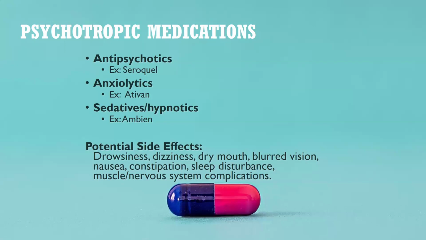That could be drowsiness, dizziness, dry mouth, blurred vision, nausea, constipation, sleep disturbances like sleepwalking, and nervous system complications. So if you're seeing any unexplained or involuntary movements that are new or worsening for your client, that is definitely something you want to let the provider know about as soon as possible.